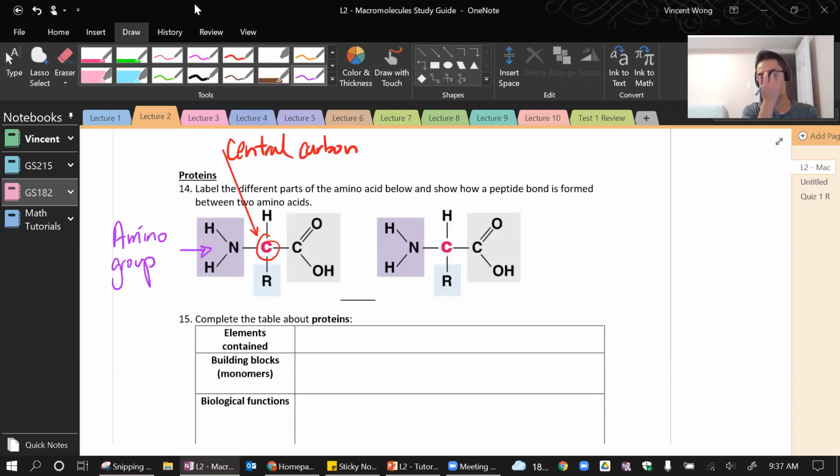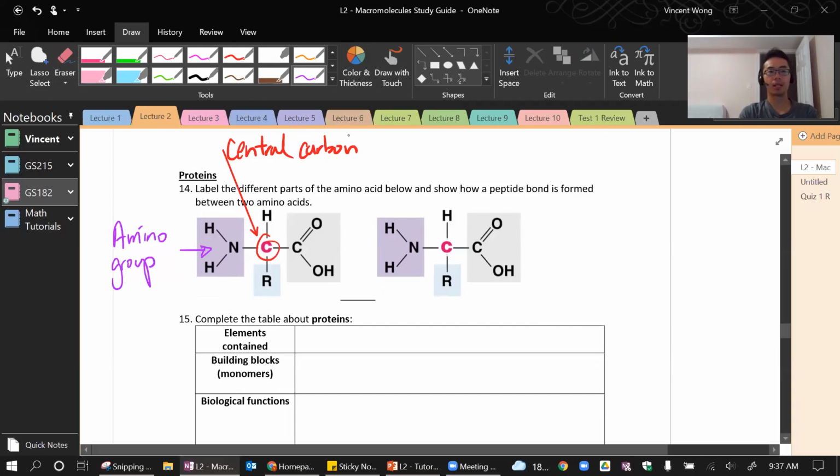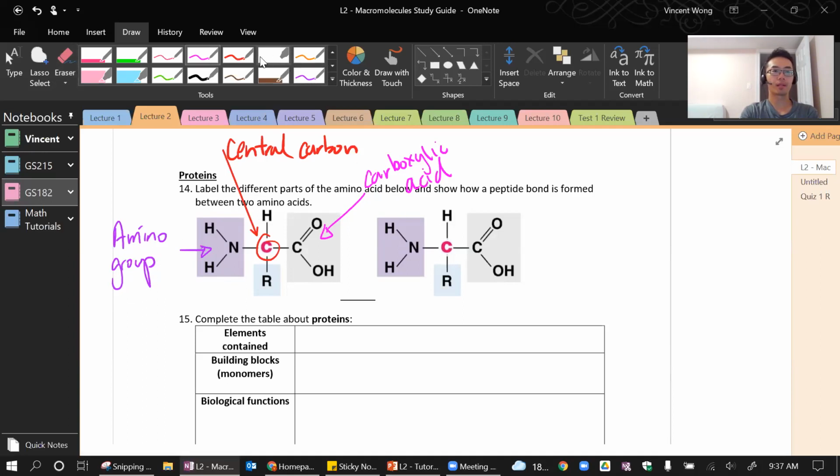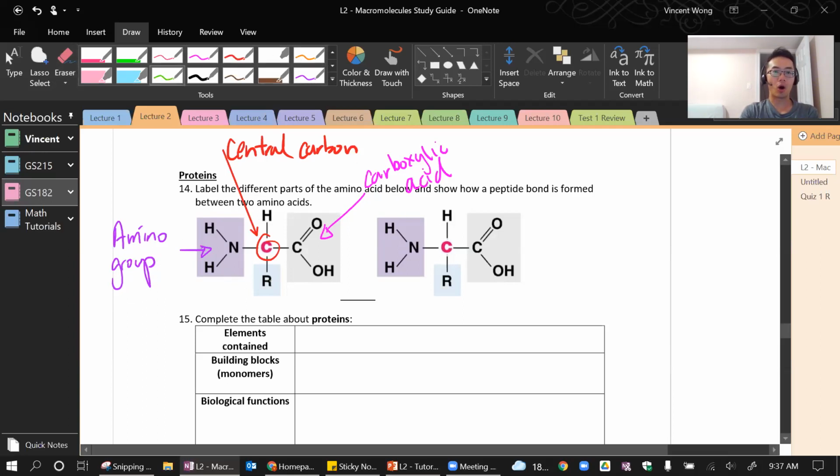Again, you will learn more about this in organic chemistry. I think that's next semester. And over here, this is called the carboxylic acid. Because it has an amino group on one side and an acid on the other side, this is called an amino acid. And then there is the R right here.